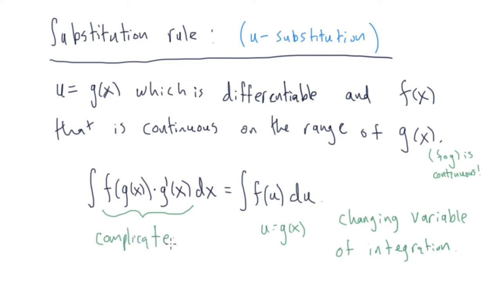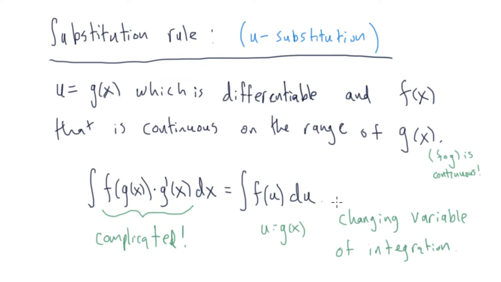But if I can sort of package up, so to speak, this g prime of x and this g of x in this way, noticing that what I'm composing f with, I'm also multiplying by the derivative of that same thing, I can actually just simplify the integrand and just say that this is f of u du. Just replace g of x with u and use u as the variable of integration.